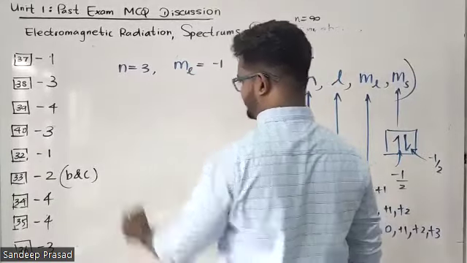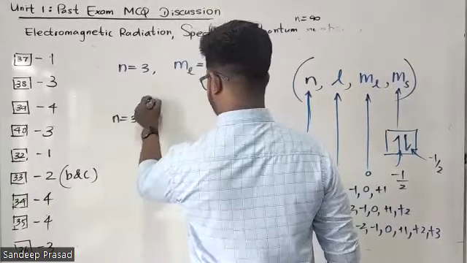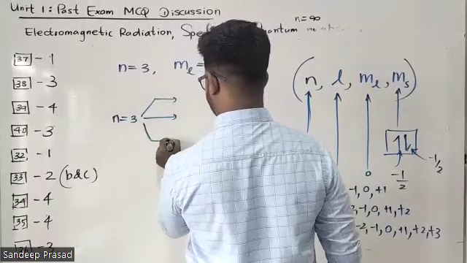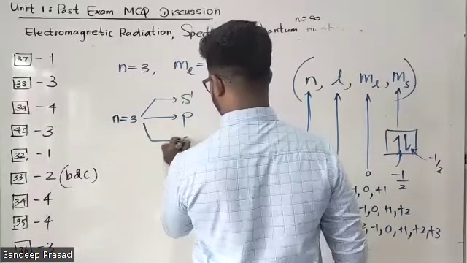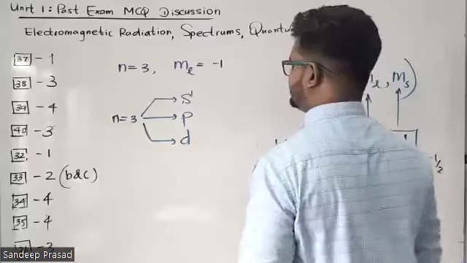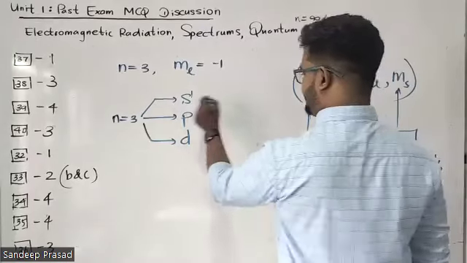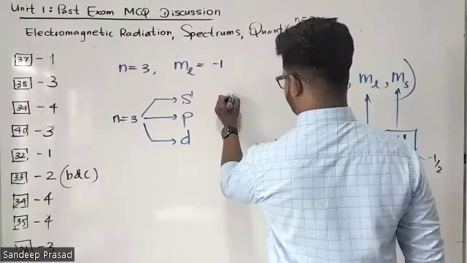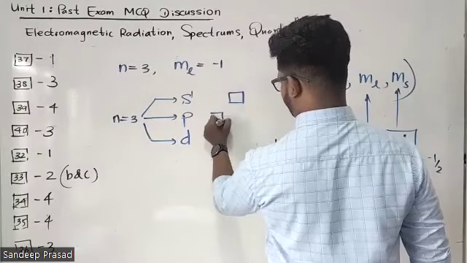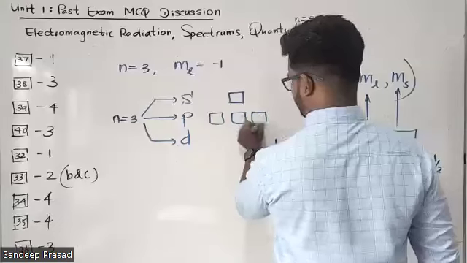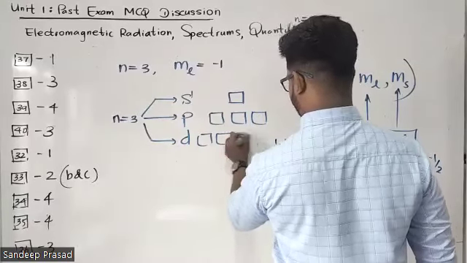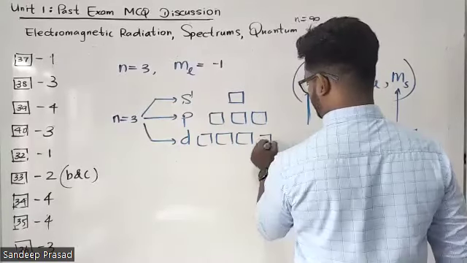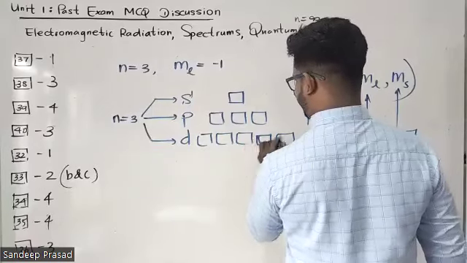N equal 3 means, students, we know that the third principal energy level contains 3 sub-energy levels, S, P, and D. And ml equal minus 1. We know that in S we have 1 orbital, in P 3 orbitals, and in D we have 5 orbitals. How can we assign the magnetic quantum numbers?